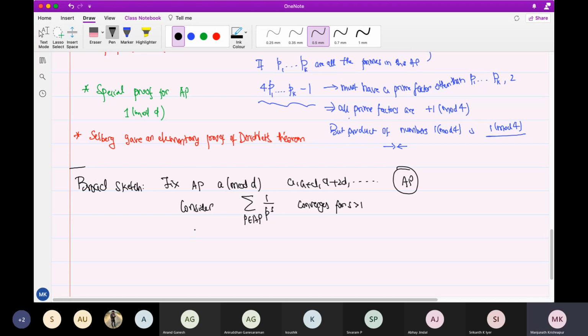So if we can show this blows up, this converges to infinity as s goes down to 1, that shows there are infinitely many primes, right?